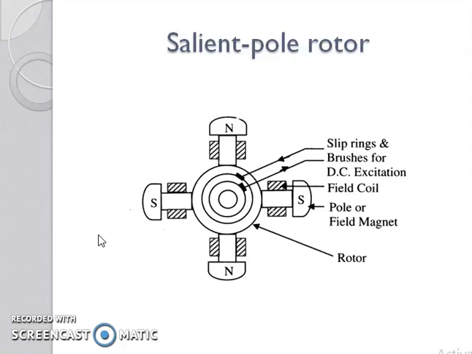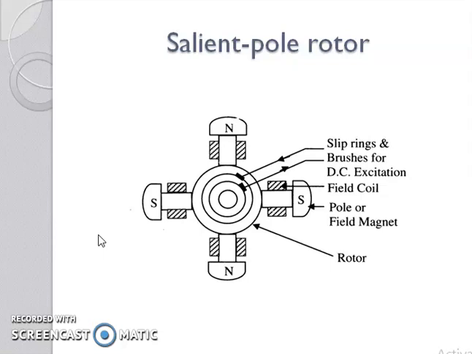Basically this is used for high speed applications, and as far as noise is concerned, the salient pole rotor will produce high noise as compared to the non-salient pole rotor. As conductors are placed on the outer periphery, the non-salient pole rotors will produce very little noise, and that will give a better EMF waveform as compared to the salient pole type of rotor.